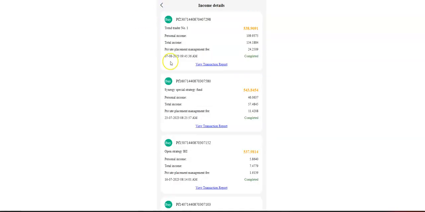Okay, and over here, you can see that I invested 538 and the total income was 134. Okay, but obviously there are some fees to pay. Okay, so I paid 24 bucks in fee. So my total profit was 109 bucks.